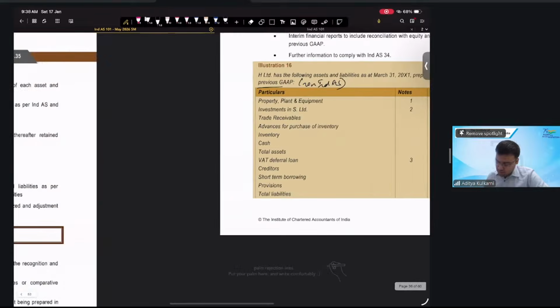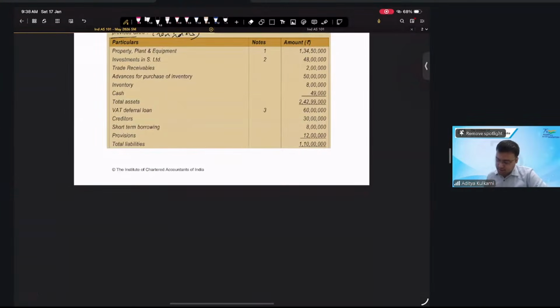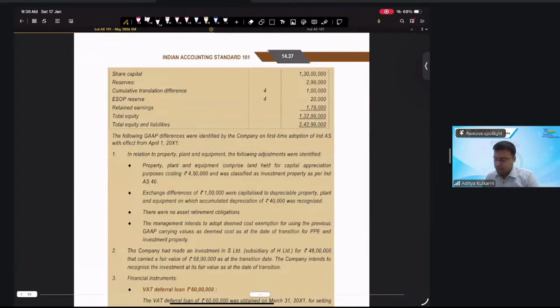VAT deferral loan 60 lakhs, creditors 30 lakhs, short-term borrowings 8 lakhs, provision 12 lakhs, total liabilities 1 crore 10, share capital 1.3, reserves 2 lakh 99, cumulative translation difference 1 lakh, ESOP reserve 20,000, retained earnings 1 lakh 79, total equity 1 crore 32.99, and total equity and liabilities 242.99. Is it okay? Yes.